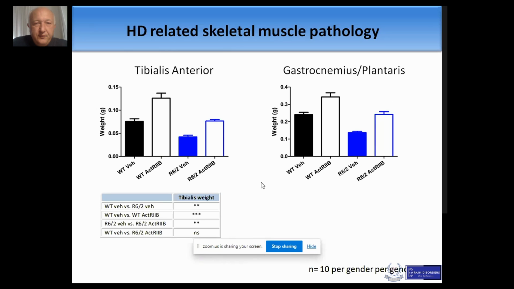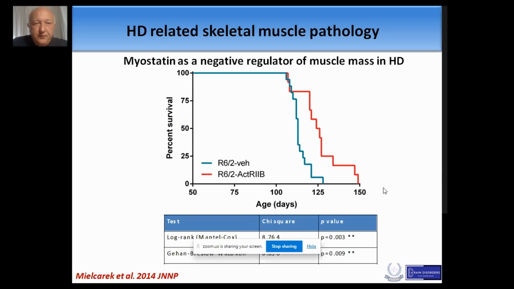Moreover, we were able to restore the muscle function to the wild type levels, and this occurred despite the ongoing CNS degeneration, because you have to remember that the activin receptor doesn't penetrate the blood-brain barrier, so there was no effect on the CNS. It is a pure effect on the skeletal muscle. And finally, we were able to extend the lifespan of the R6/2 mice by around 25%.